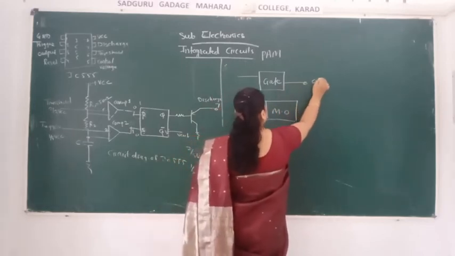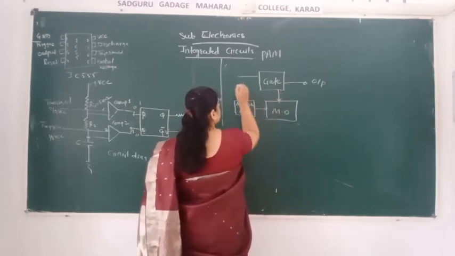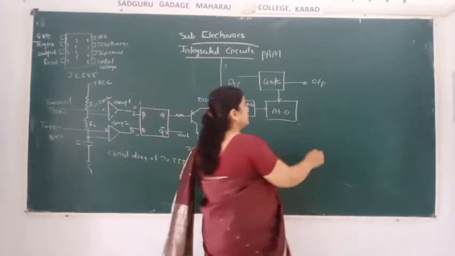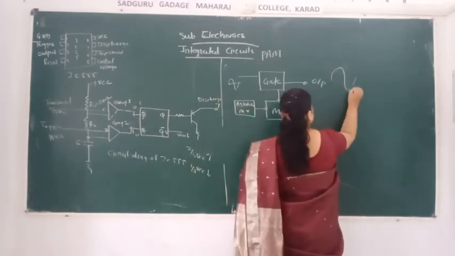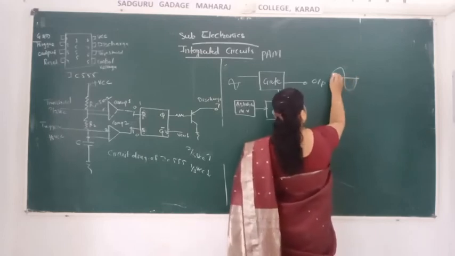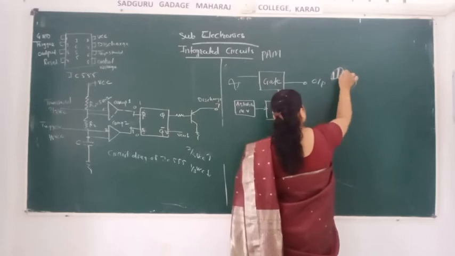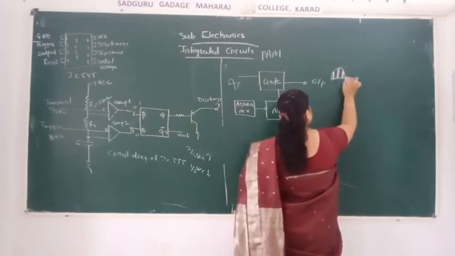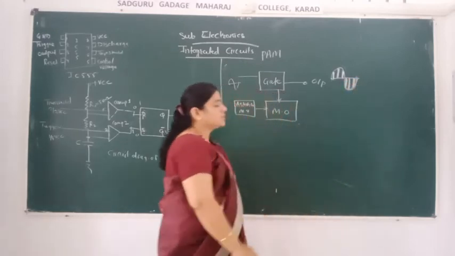Here we get the output. At the input of this gate we give the sinusoidal signal, and at the output of this gate we get the signal called the sampled signal.